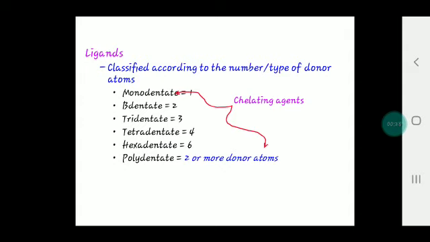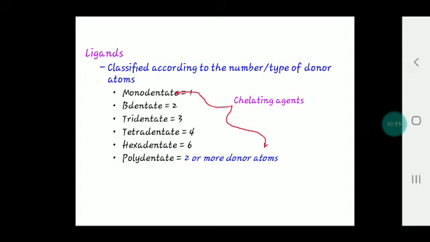So in today's class, we will see the types of ligands and what they are classified on. As we have known in the last class, a ligand is capable of donating one or more lone pairs of electrons to the central metal atom, forming a coordinate bond, and the atom through which the ligand is bonded to the central atom is called a donor atom or a donor site.